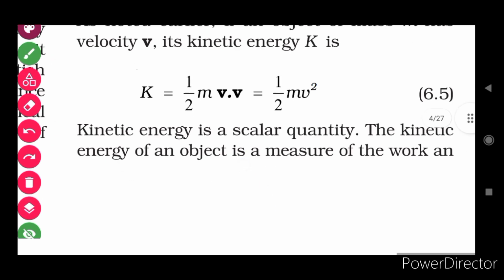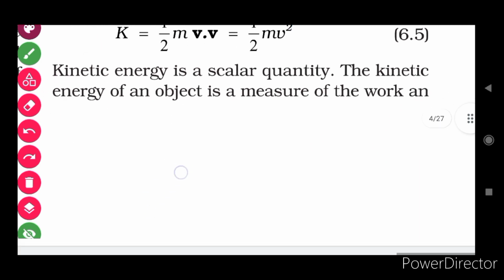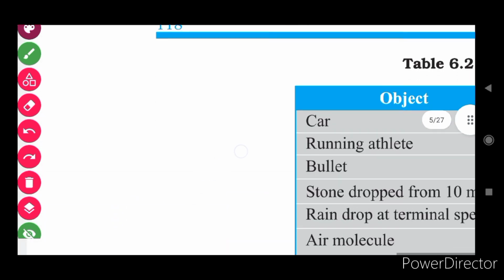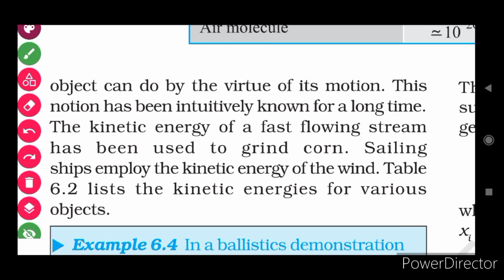This is the measure of the work done. The kinetic energy of an object is the measure of the work an object can do by virtue of its motion. Like a bowler throws a ball, how much kinetic energy it has tells us how much work it can do.